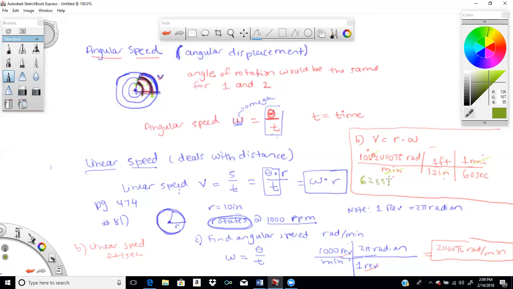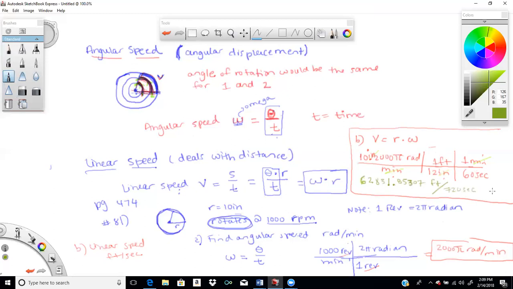So we have 62831.85307. I'm not rounding until the very end. And that's going to be divided by, on the bottom, 12 times 60, which is 720.